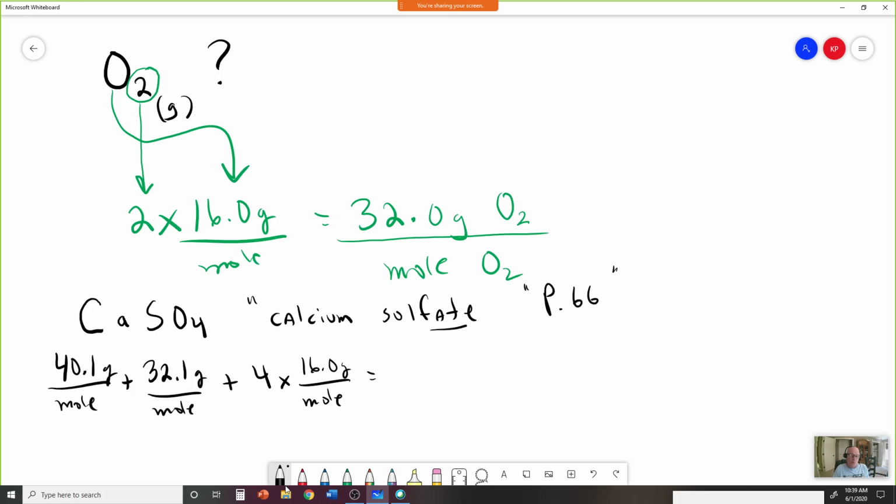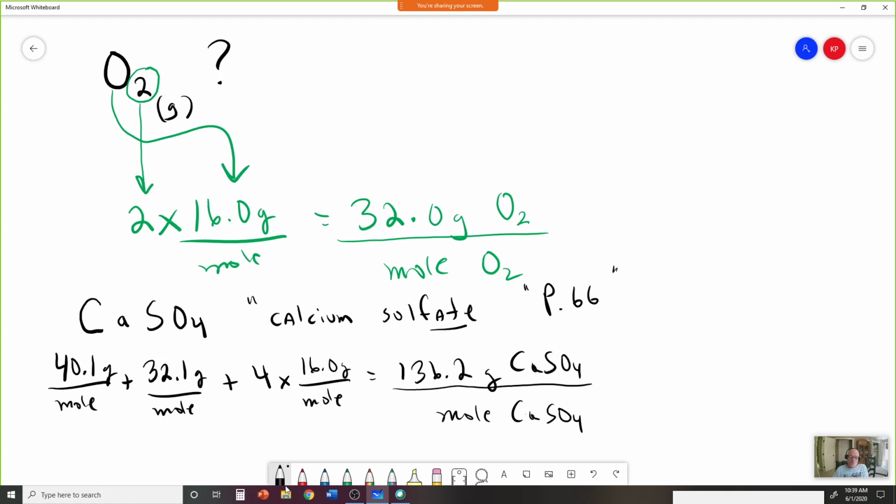And now we can add them up. So we go 40.1 plus 32.1 plus 4 times 16, and I get 136.2 grams calcium sulfate for every mole calcium sulfate.